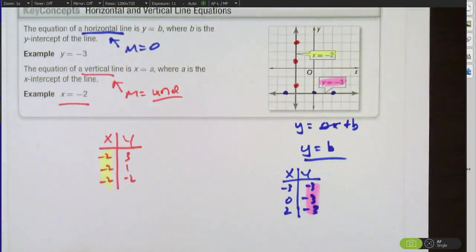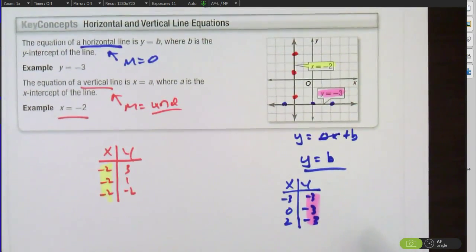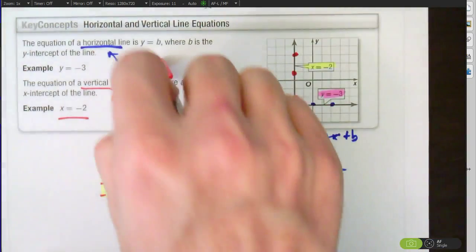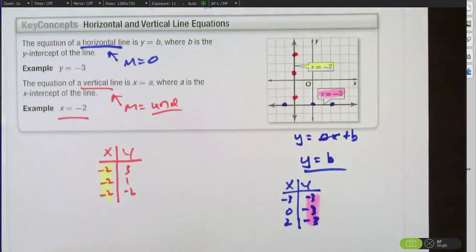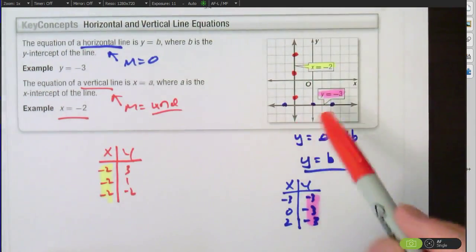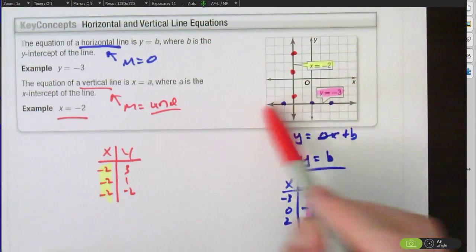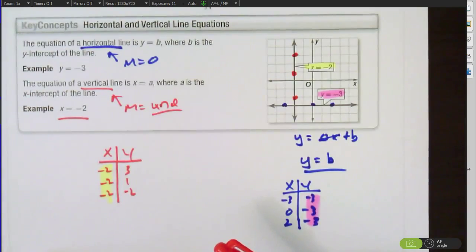Okay. So when you're finding a horizontal or vertical line, it's going to have 0 slope for horizontal, undefined slope for vertical, and then it's just x equals whatever for vertical, whatever the x's are, y equals whatever for the horizontal.